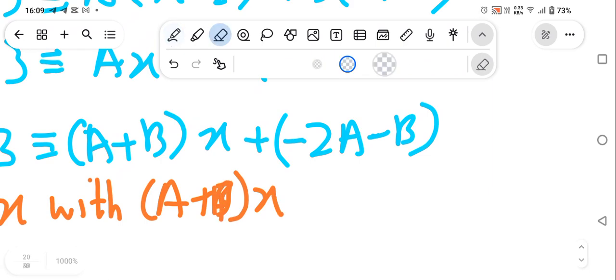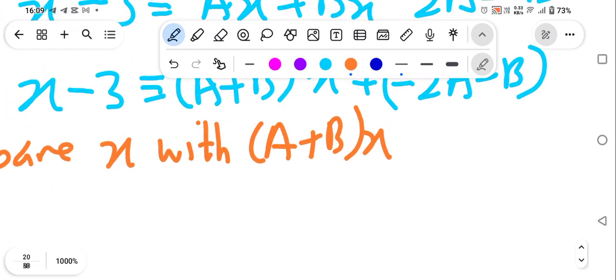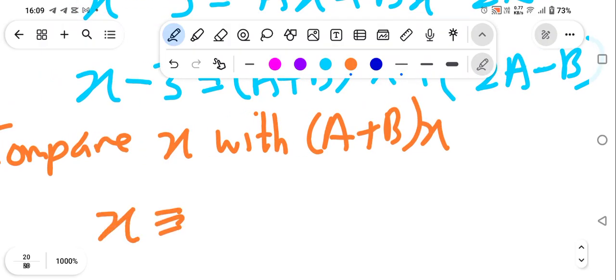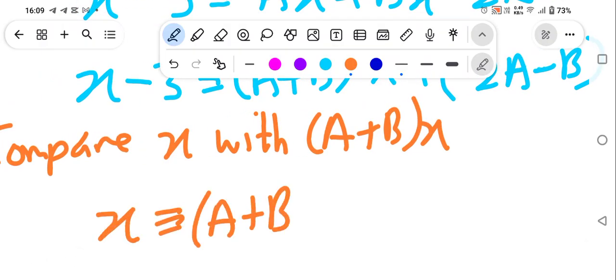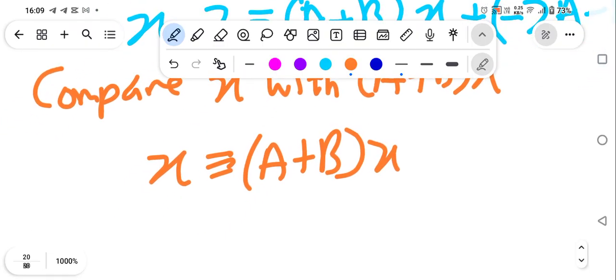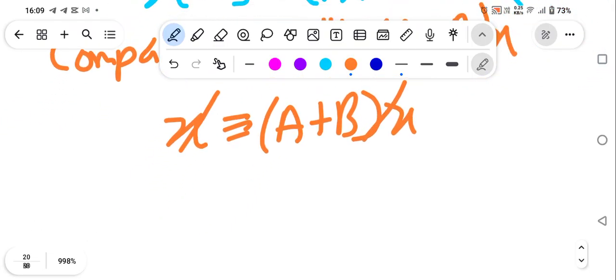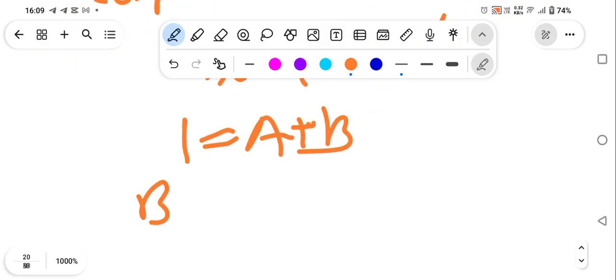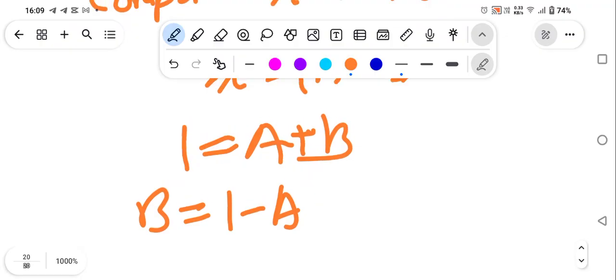So we can cancel out the x, and we know that 1 is equal to a plus b. So b equals 1 minus a.